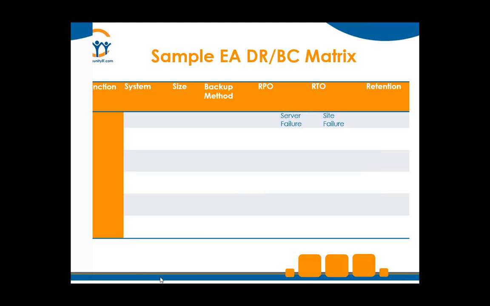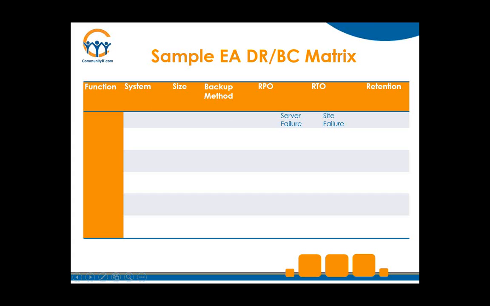This is a sample matrix that we use, where you can fill out what the function is. This isn't as detailed as that diagram I had. What system, how much data is it? How are we backing it up? What's our recovery point? What's our recovery time if the server fails? What's our recovery time if the whole site fails?